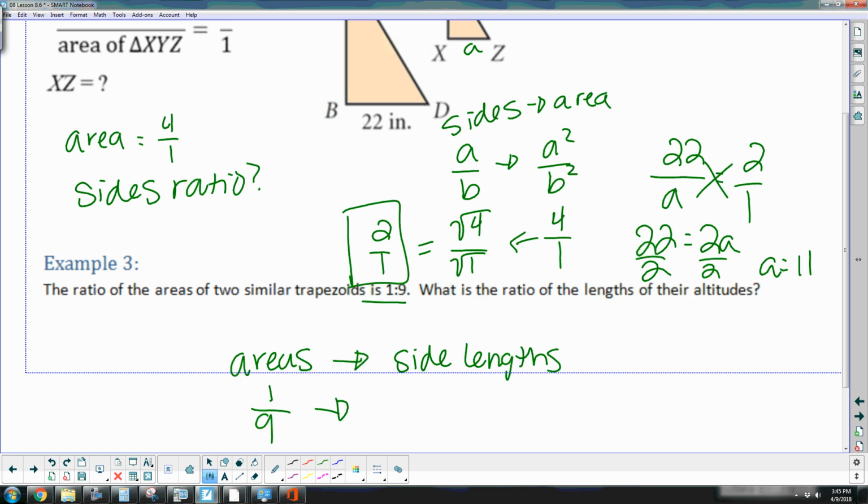To go from the areas to the side lengths, we take the square root of 1 to the square root of 9, which is 1 to 3. So whether you know the ratio of the areas or the ratio of the side lengths, you can work forwards to find the other, or you can work backwards to find the side lengths.